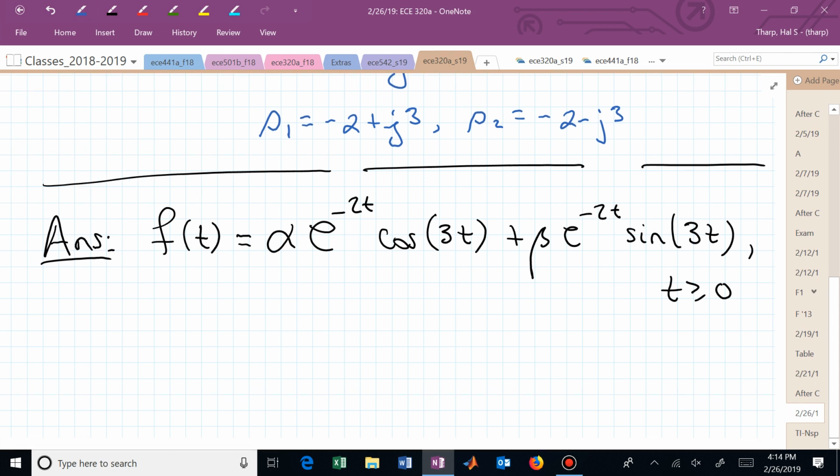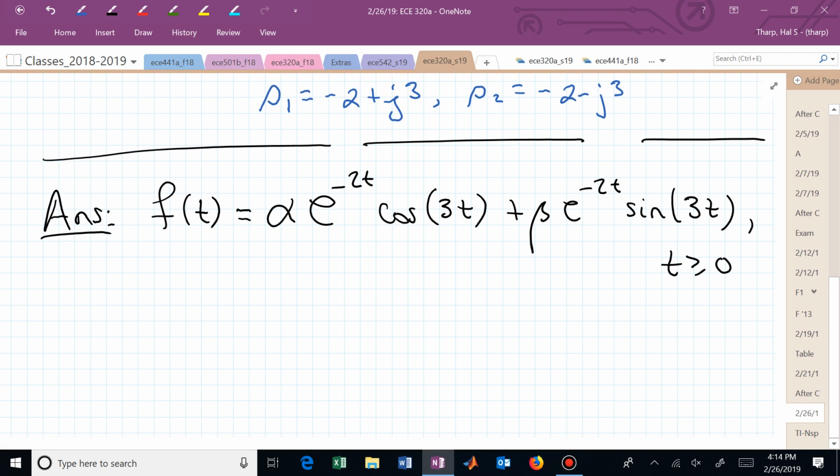To relate this to what we talked about last time, where is infinity? Pretty far? Or here's another way of asking that. What's the time constant of this expression?